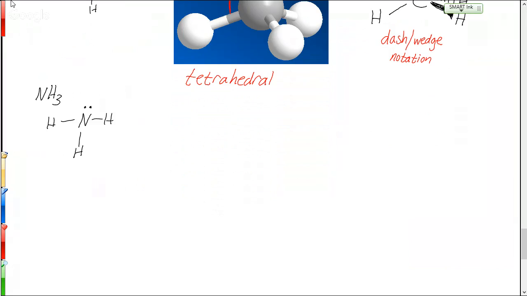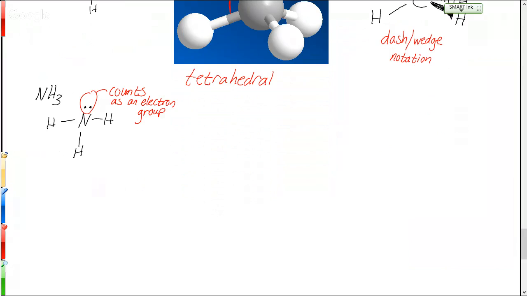That's not quite right. And the reason it's not quite right is because that lone pair of electrons also counts as an electron group. So ammonia fits into this 4-group geometry, which means it's going to have a tetrahedral type structure.